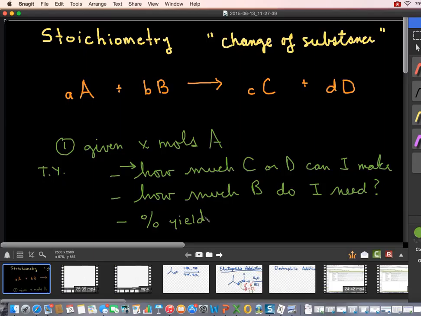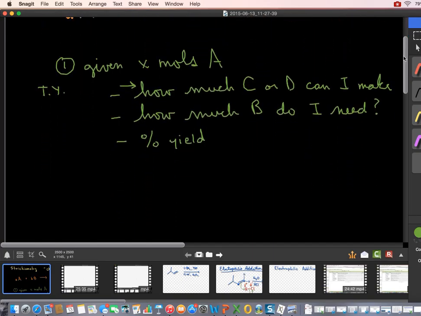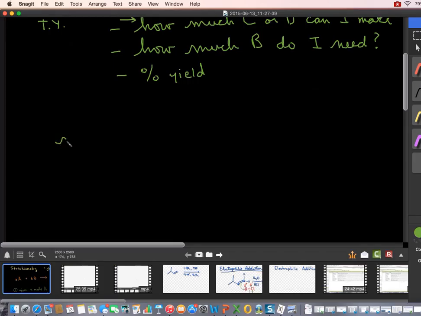And so these series of questions could all be asked in a problem. One or more of them could be asked in a problem. No matter how the problem is set up, the key physical observable in all stoichiometry problems is the number of moles. So moles is the key.